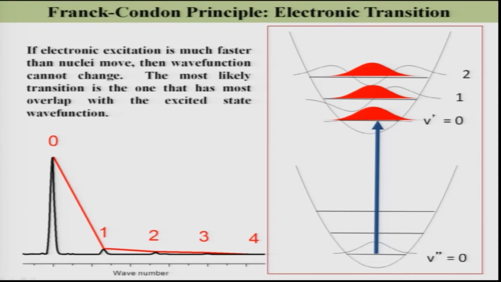So, the intensity of this transition will be much more compared to this or this. Obviously, the 0-0 transition, denoted here, is strongly intense, but the 0-1 and 0-2 transitions are weak compared to the 0-0 transition.